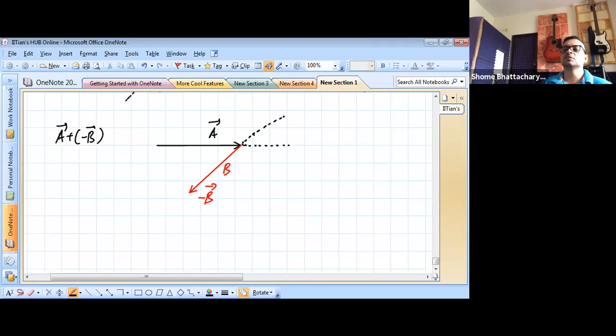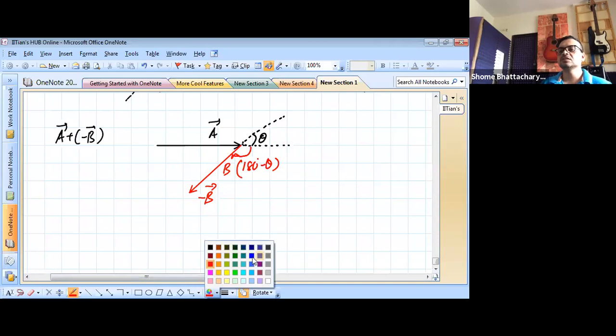So originally, remember, this angle was theta. Theta was the angle between A and B. So the angle between A and minus B becomes how much? It becomes 180 minus theta. It becomes this angle, which is 180 minus theta. Okay. So now in this diagram, what is the sum of these two vectors, A and the vector minus B? It is this third side of the triangle.